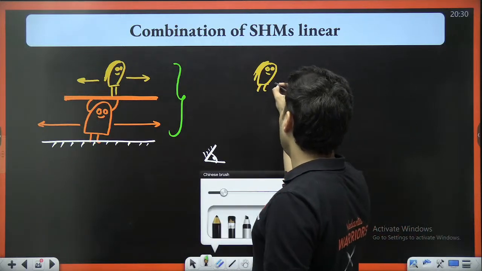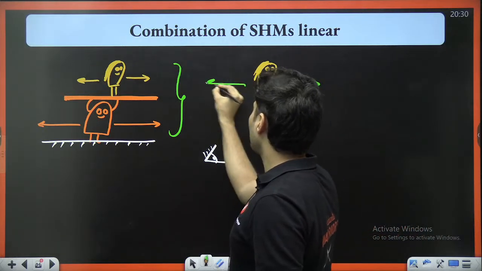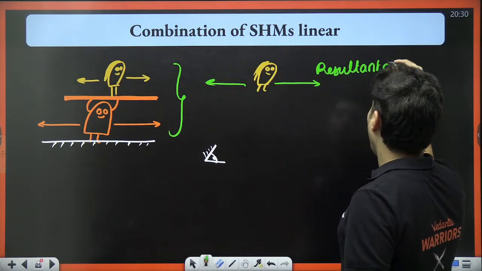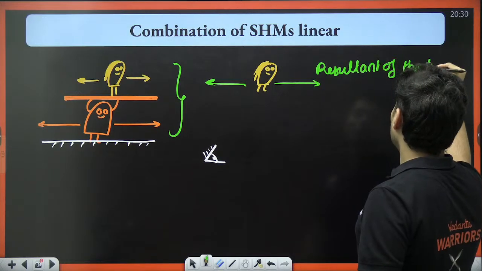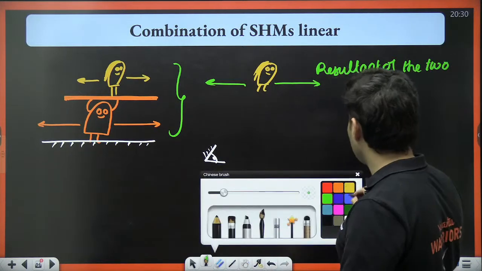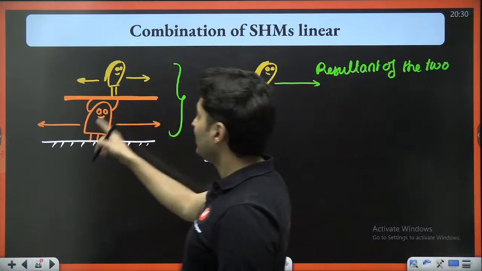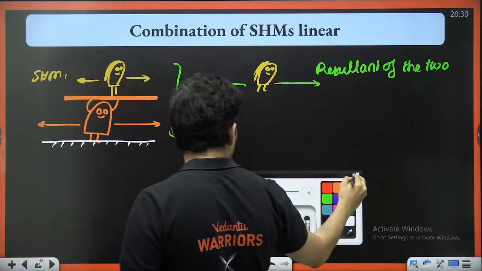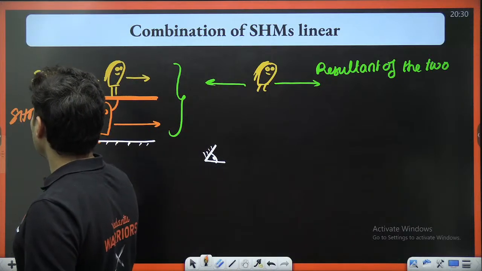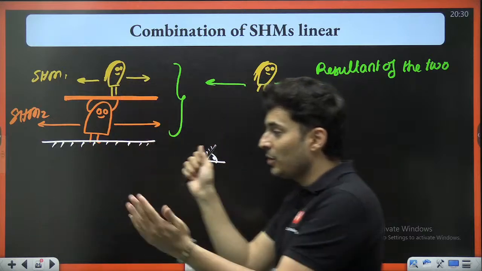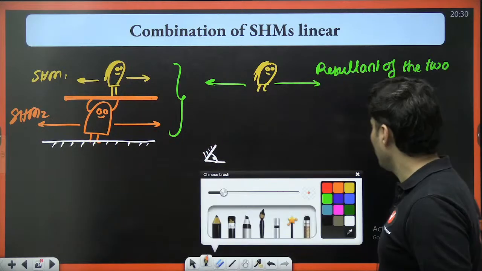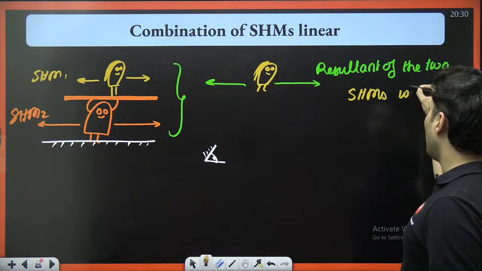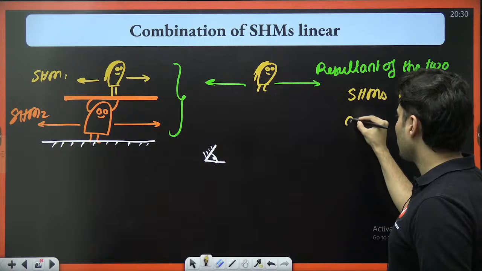You will see Champa performing something called the resultant of the two SHMs. Which are the SHMs? This is SHM1 and this is SHM2. So you are seeing the resultant of the two SHMs which are superimposed.